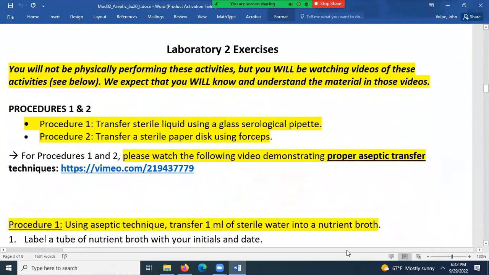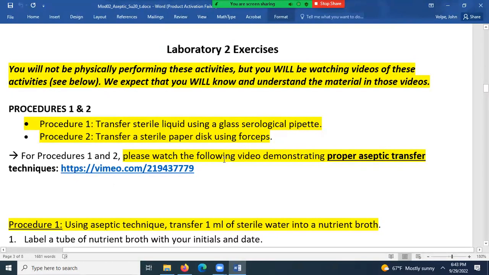In procedures 1 and 2, in procedure 1, you're going to be transferring sterile liquid water using a glass serological pipette and putting it into media. And in procedure 2, you're going to transfer a sterile paper disc using sterilized forceps to put the paper disc into a tube of liquid media.